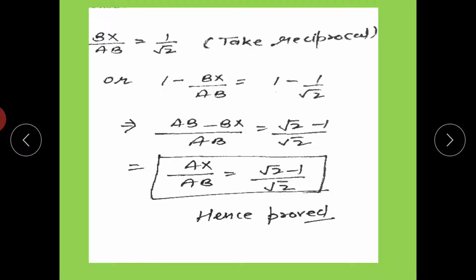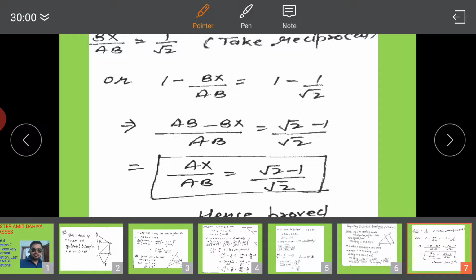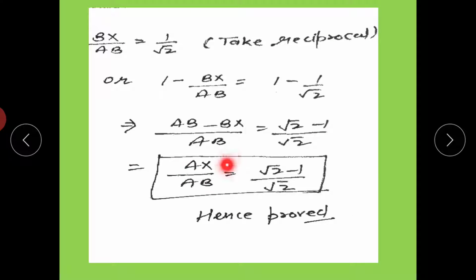So 1 minus BX upon AB is equal to 1 minus 1 by root 2. Take the LCM here: AB minus BX upon AB is equal to root 2 minus 1 upon root 2. So AB minus BX gives us the AX. So AX upon AB equals root 2 minus 1 upon root 2. That we have to prove.